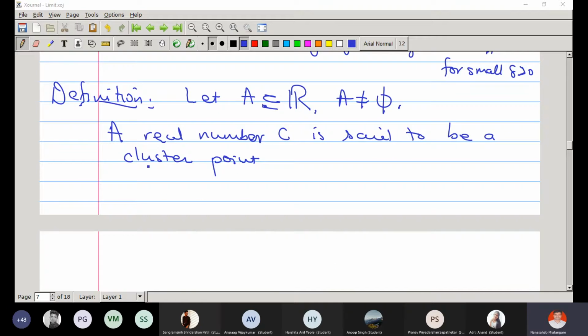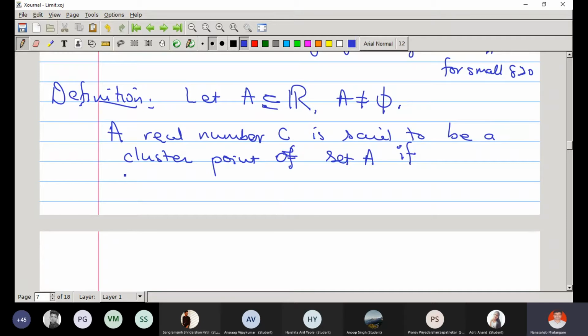So a real number C is said to be a cluster point of set A, right? Cluster point of set A if some condition is satisfied. A point is a cluster point of a set means it is very close to that set.